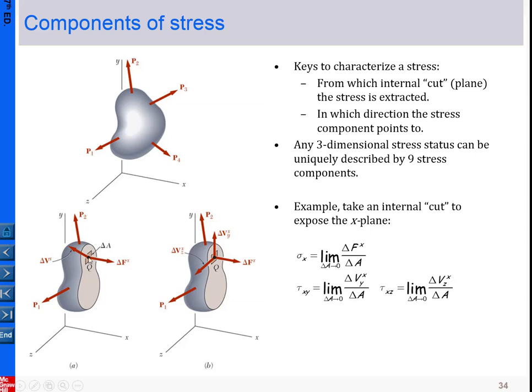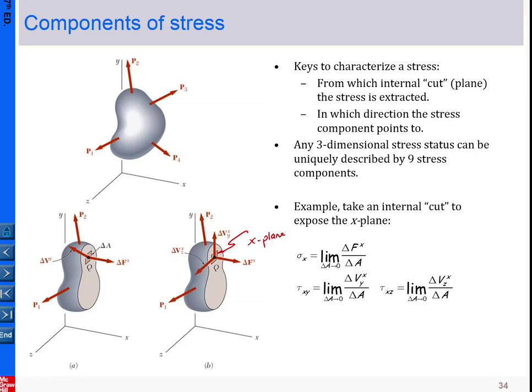In this selection, this is the point we're interested in, and this is a plane that has the normal in the x direction. We define this as the x plane, simply because its normal direction is in the x direction.